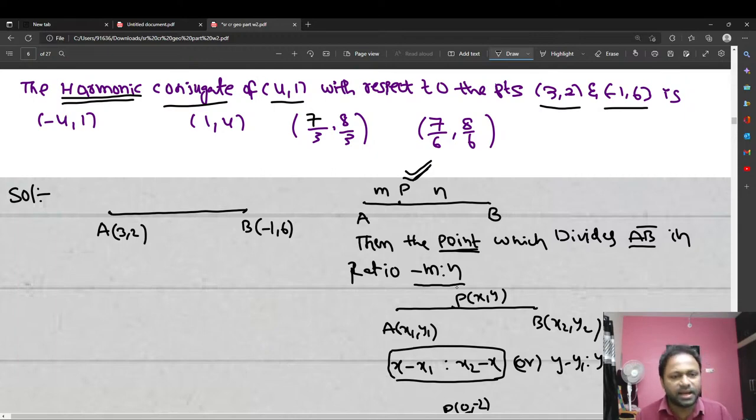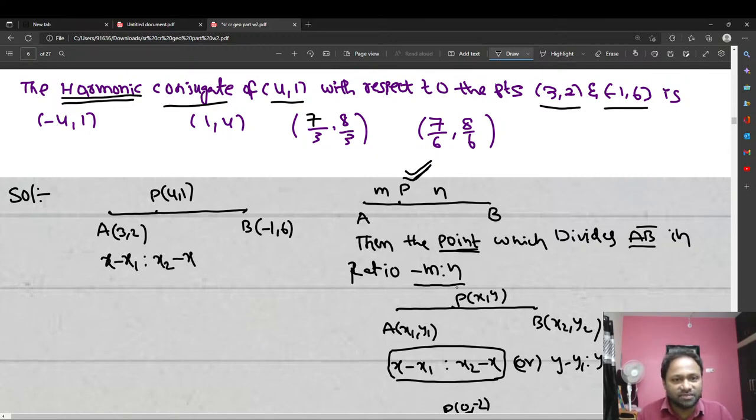Now I am going to check the point. What is that point? P of 4 comma 1. I want to check in which ratio P divides. What is the ratio? x minus x1 ratio x2 minus x.